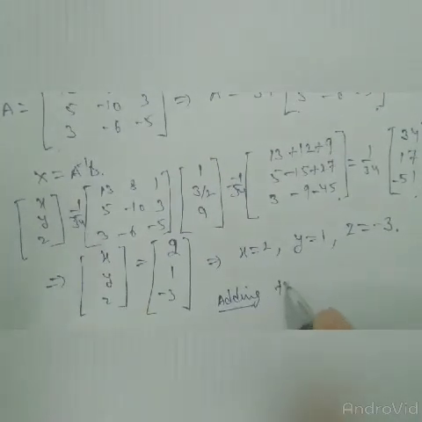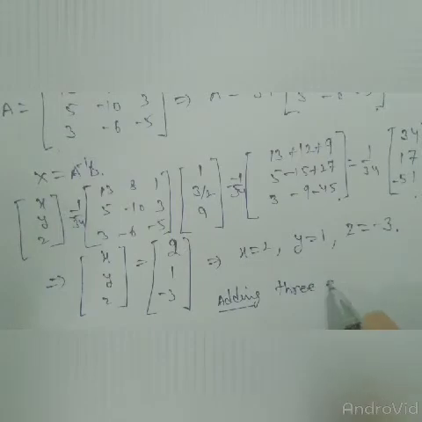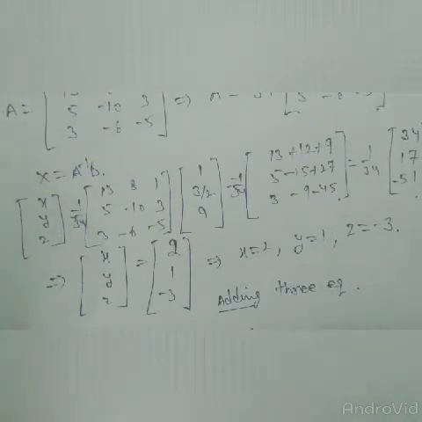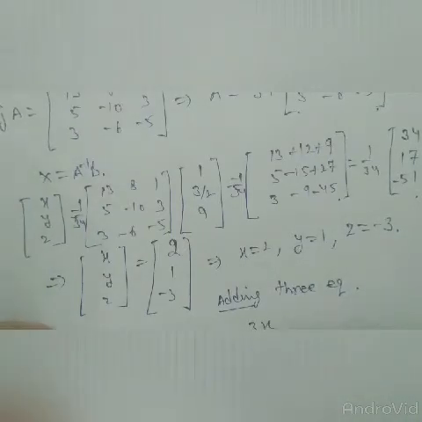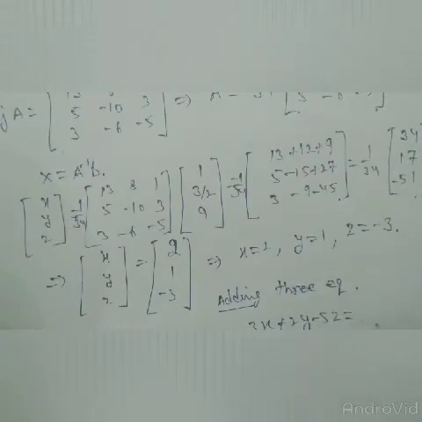Adding the three equations, our result is 3x plus 2y minus 5z equals 10 plus 3 by 2, so 23 by 2.